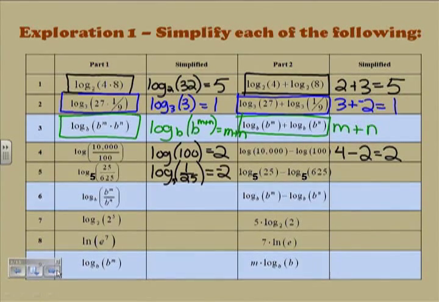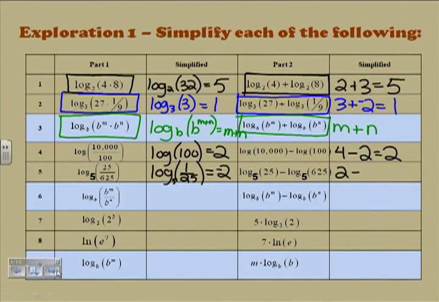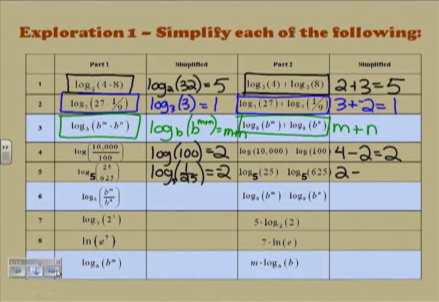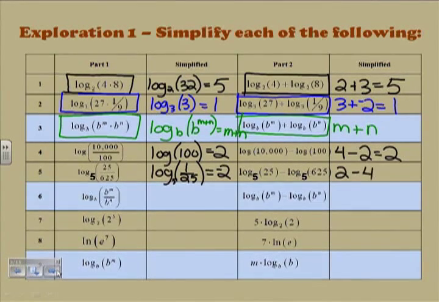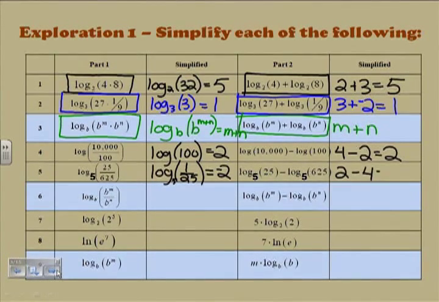Negative 2. Log base 5 of 25 is 2. And since this guy is 25 squared, that's the same as 5 to the 4th. And we, again, get that negative 2.